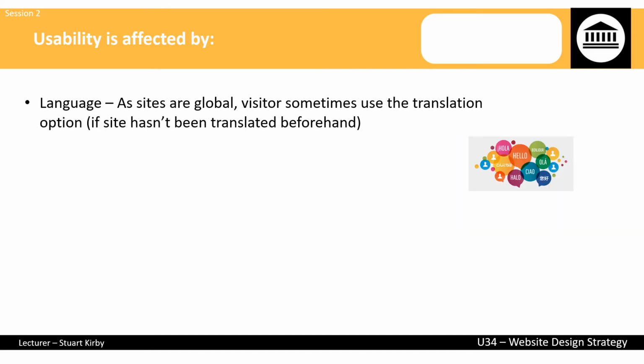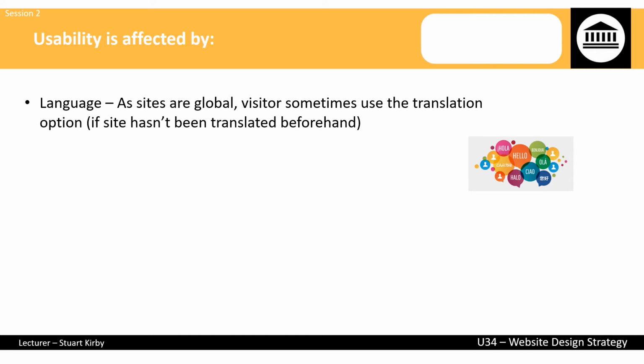So another area of usability is language. Websites are obviously accessible to anyone in the world. So websites also can be translated now very easily. Google offer that function where it will translate a website for you. If you've got a website that's written in English, Google will auto translate, but it will only do its best using the Google Translate feature.